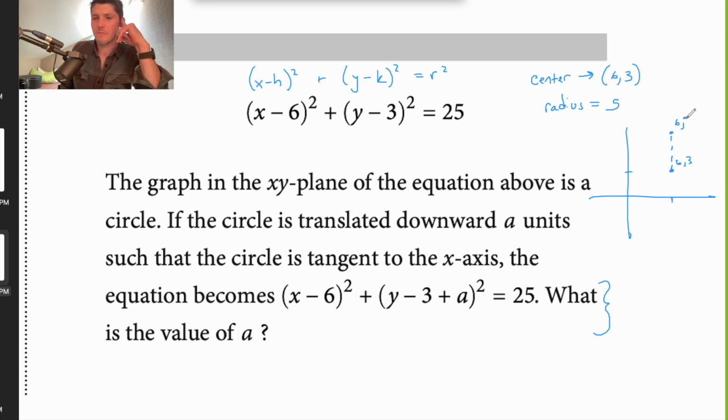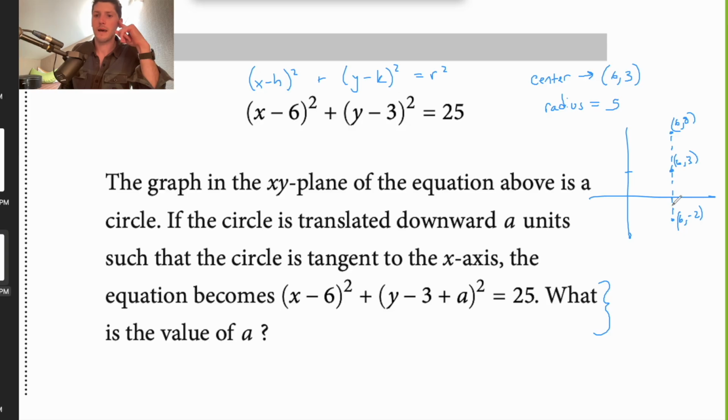Really easy to make mistakes with x and y here. So make sure that you've gone with a translation up and you haven't written, for instance, (11, 3), where you've added 5 to x as opposed to y. The bottom of this circle would be 5 units down from (6, 3) at (6, -2). Okay, so I don't need a beautiful sketch, and you won't have time for that on the test, right?